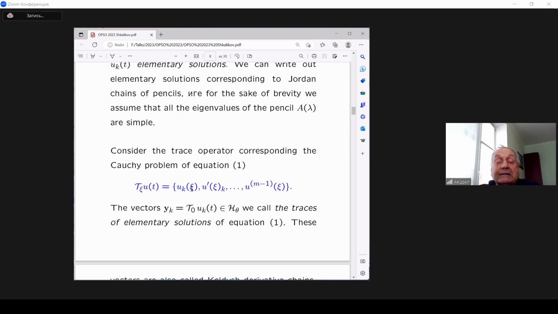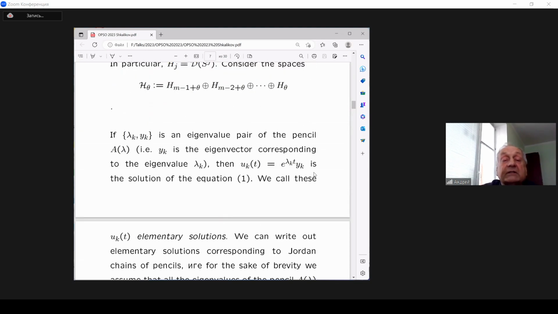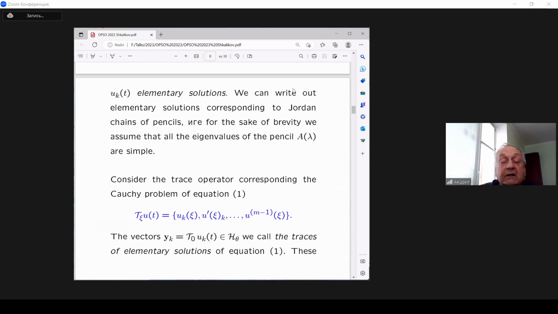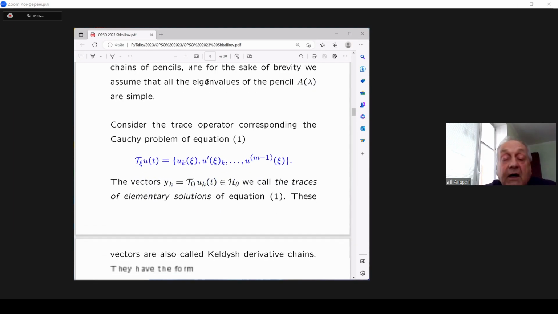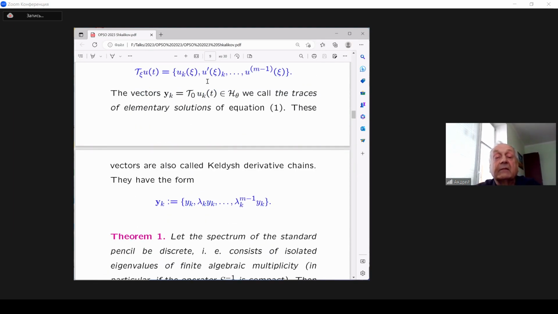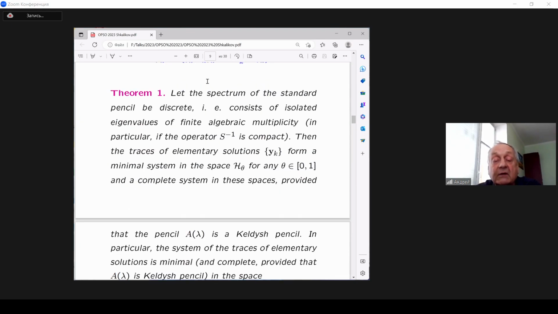So these vectors actually belong to the space which we defined before, provided that u(t) belongs to some functional spaces.